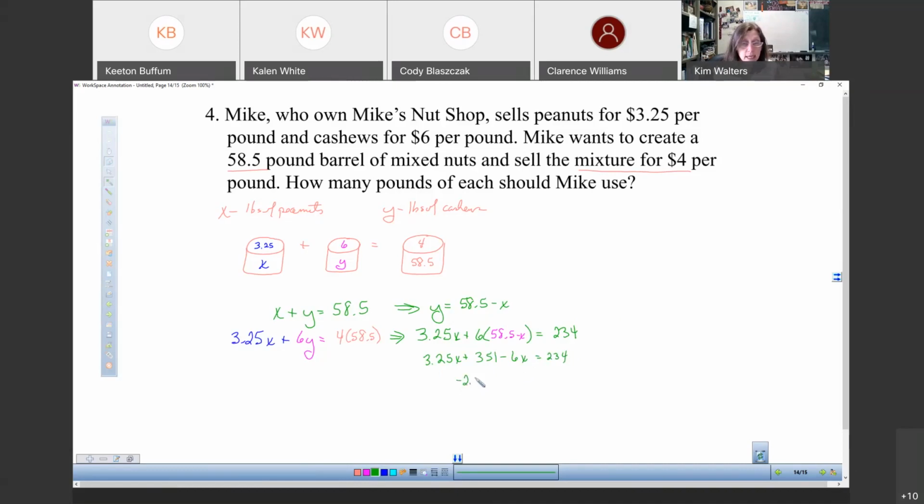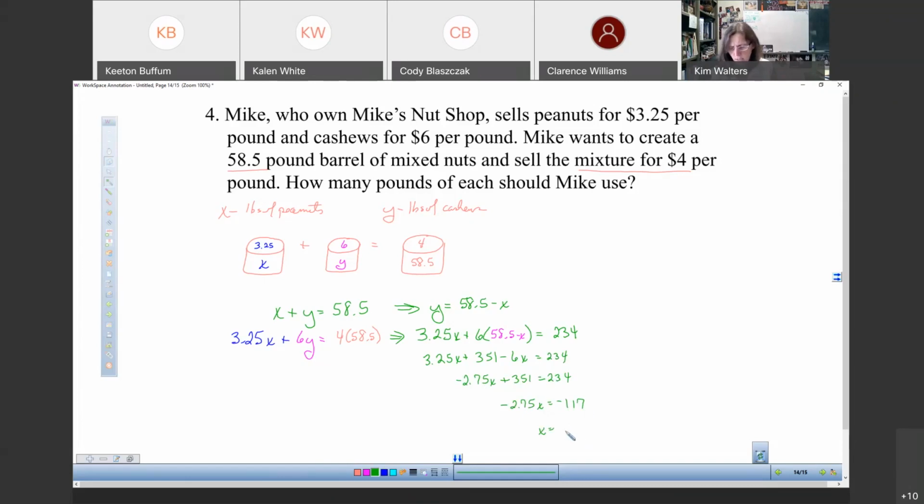It's going to be negative 2.75x plus 351 is equal to 234. Subtracting 351 from both sides, I get, and that's good because otherwise I'm going to end up with a negative weird answer here, negative 117. I'm going to divide both sides by that negative 2.75, and I'm going to get a decimal, and that's okay.